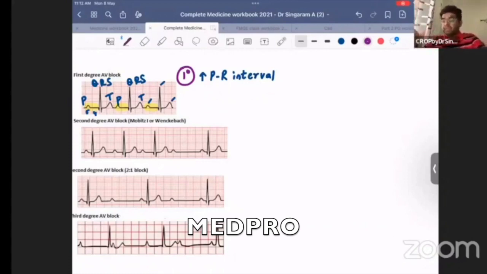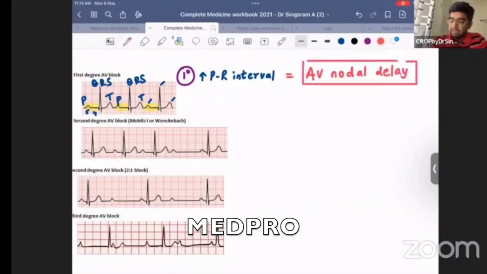It is the AV node. Through the AV node, the impulses are getting delayed. So that is why there is a big gap between the P wave and the onset of the QRS complex. So I am going to write, it simply represents AV nodal delay. That is actually what is first degree heart block.